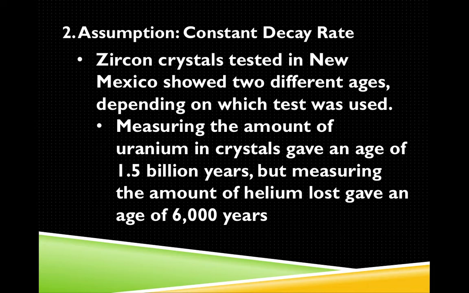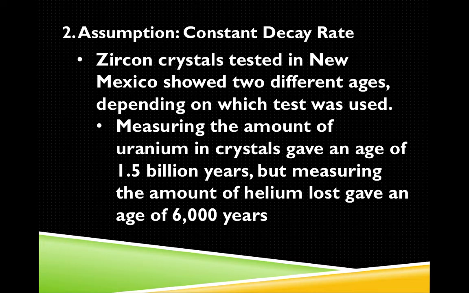Now, to explain this, if radioactive decay happened more quickly in the past, then the rocks would be much less than 1.5 billion years, maybe even as few as just a few thousand years, which is what this right here indicates. So I'm not saying that radioactive decay in the past necessarily did happen, but there's some evidence here that it actually did.